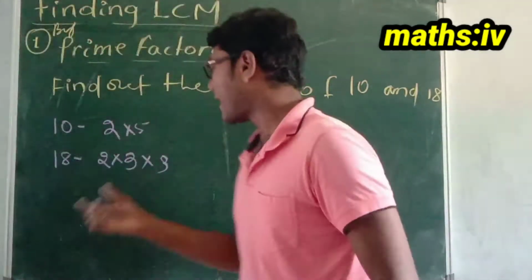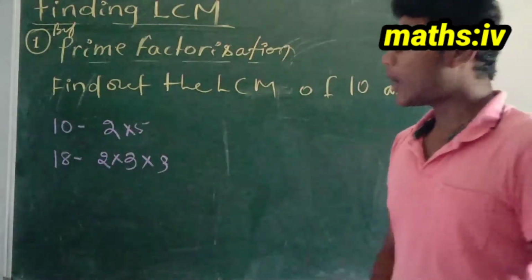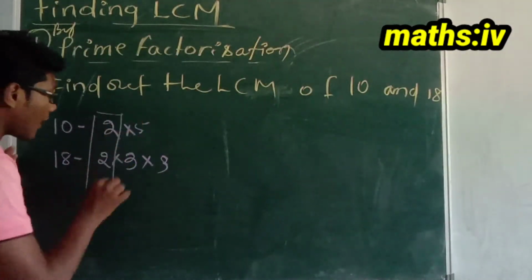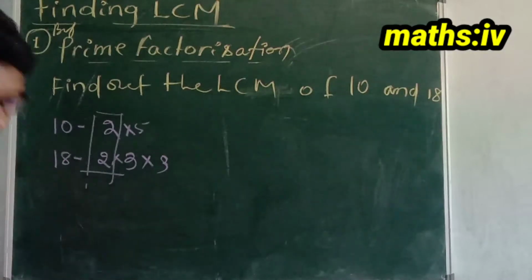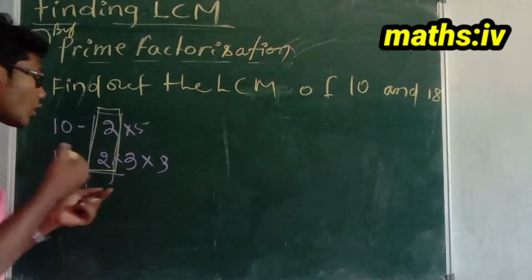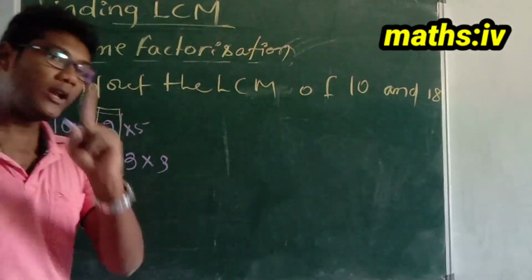Now you can see that there is only one common pair, that is 2. So you have to consider this pair only once.